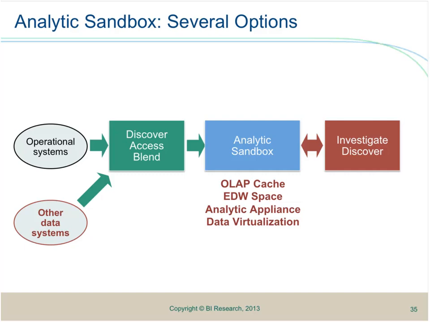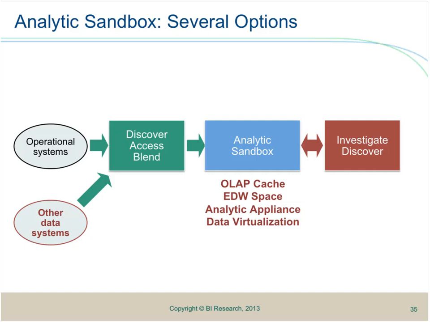And then data virtualization has a role to play here. Most probably, if I was redrawing this diagram, I'd put data virtualization under the Discover, Access, and Blend box, because what data virtualization enables you to do is blend this data together and actually create a virtual analytic sandbox.